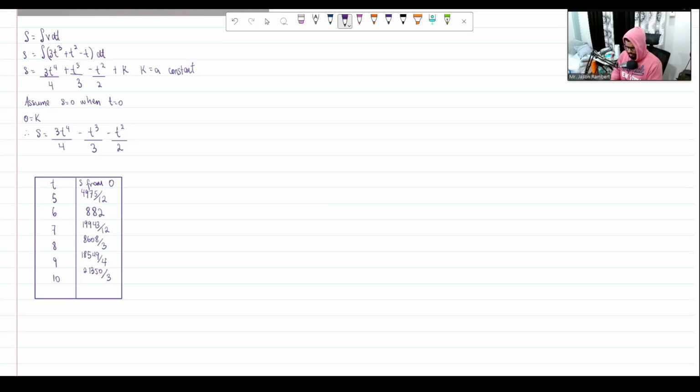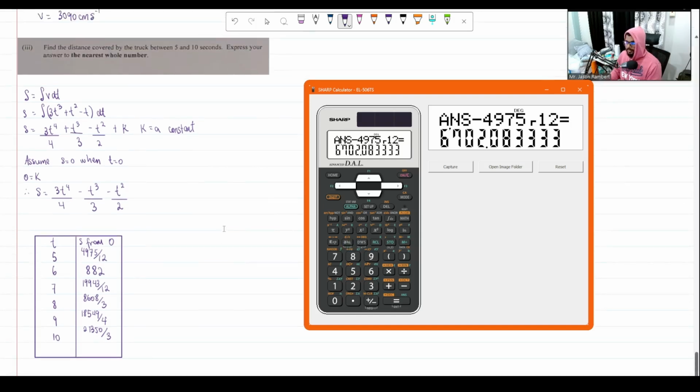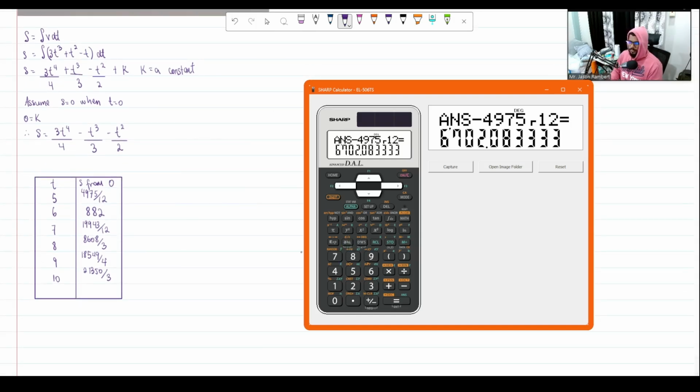Let me double check that. 21350, let me just take away 4975 over 12 to get 6702. That's a decimal, right? To the nearest whole number, 6702.